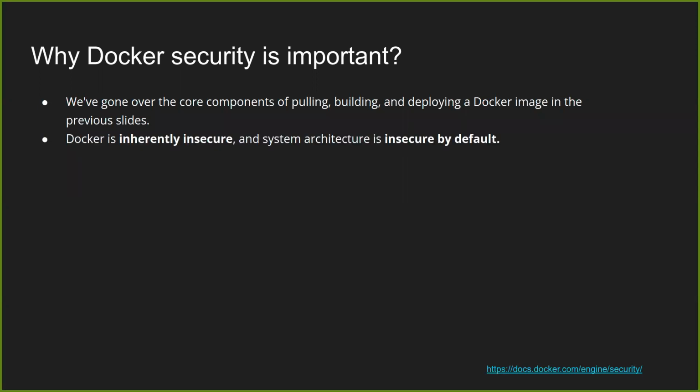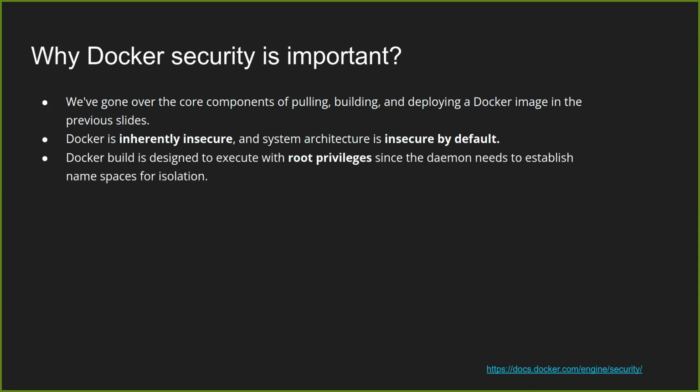But for those who don't know, Docker is inherently insecure. It mainly depends on the host that is hosting Docker. So if the host is insecure, then Docker is also insecure.